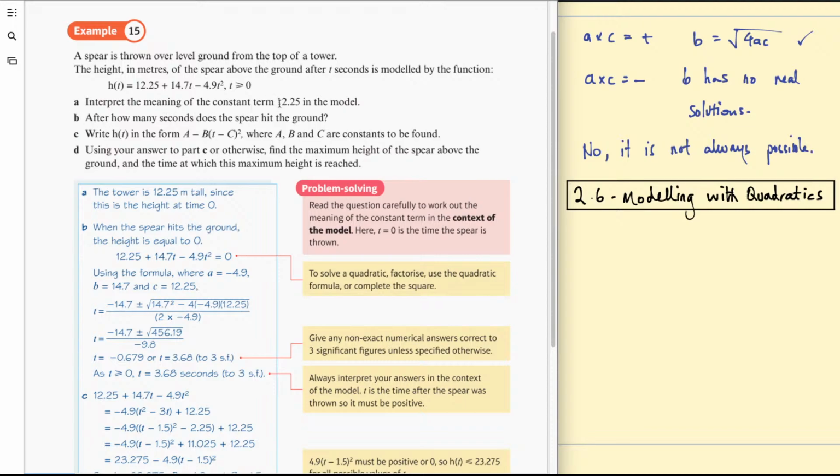Part A says interpret the meaning of the constant 12.25, and also these questions are all about interpreting the context. So you need to consider what the question is actually talking about. So if a spear is thrown from the top of a tower and t is the amount of time gone, then if t is 0, so at 0 seconds, the spear will be at a height of 12.25 meters.